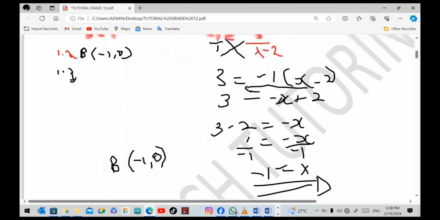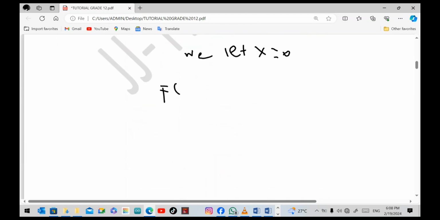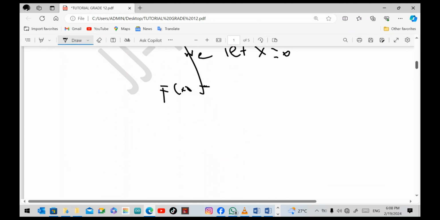Then in our equation, f of x is actually equal to 3 over x minus 2, plus 1, right? So we have to put a 0 wherever we see x, because we did the same favor to x.